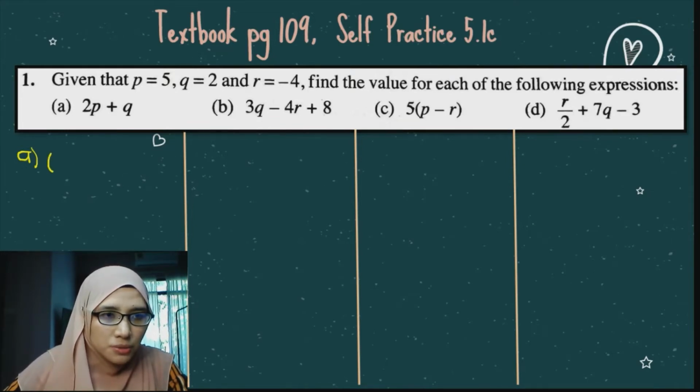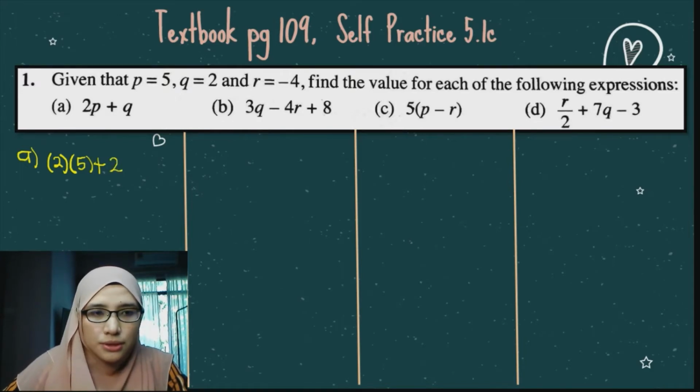So I'm going to use bracket for each number, one bracket for number 2 and one bracket for P. I will not write P because I'm going to substitute the value for P. That is 5, plus Q. Substitute Q, that is 2.